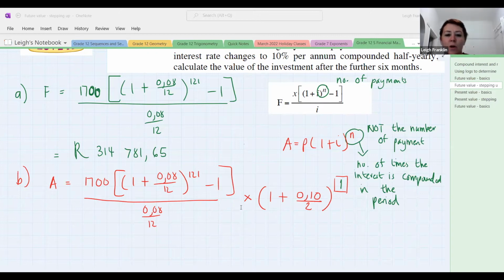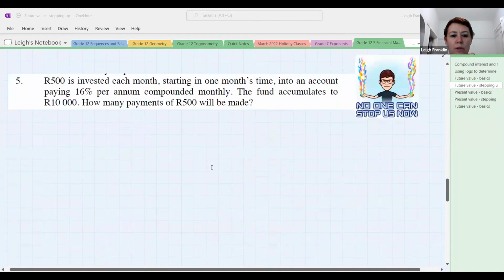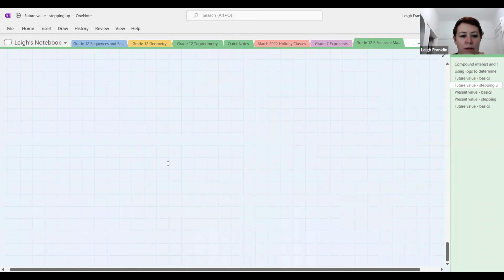So the difference now is understanding what the N in the formulae means. Let's go down to the bottom here and create some new space.